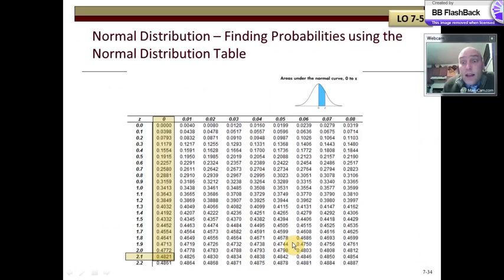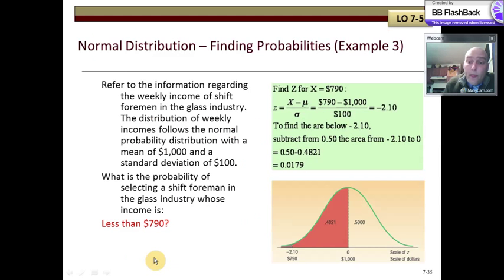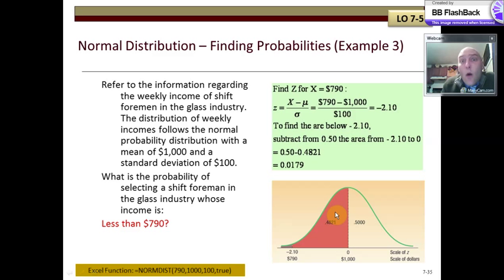We go to the table and we see that again that area is the same. The area 0.4821, but I want to know less than 790. Not the area between the mean, but less than. If the entire area under the curve is 1, and half of it, or 0.5, is on the other side of the mean, I know that what I have on this side of the mean to the left is 0.5.